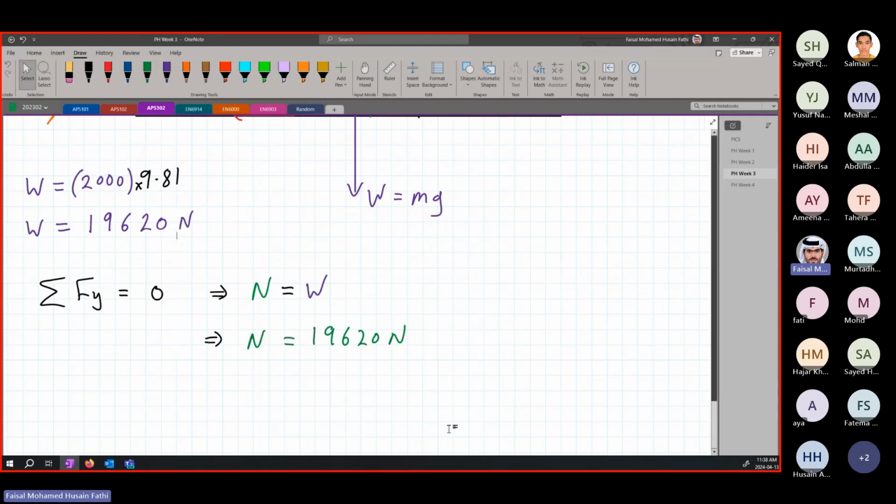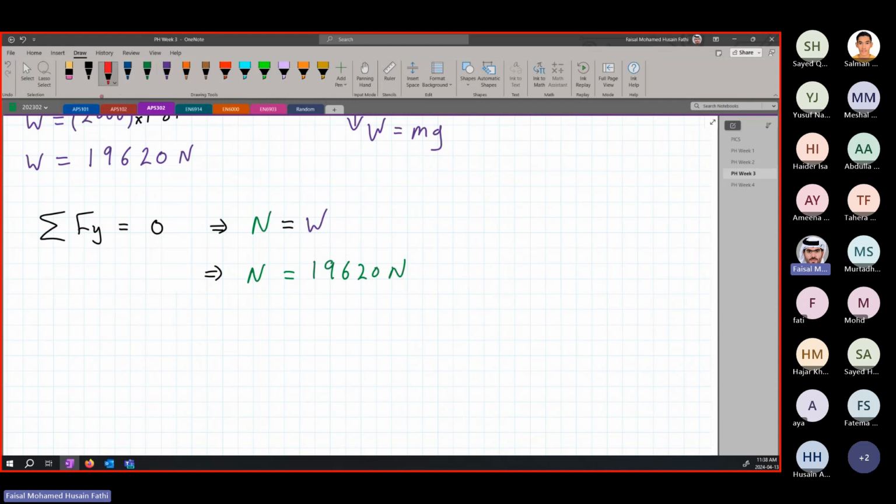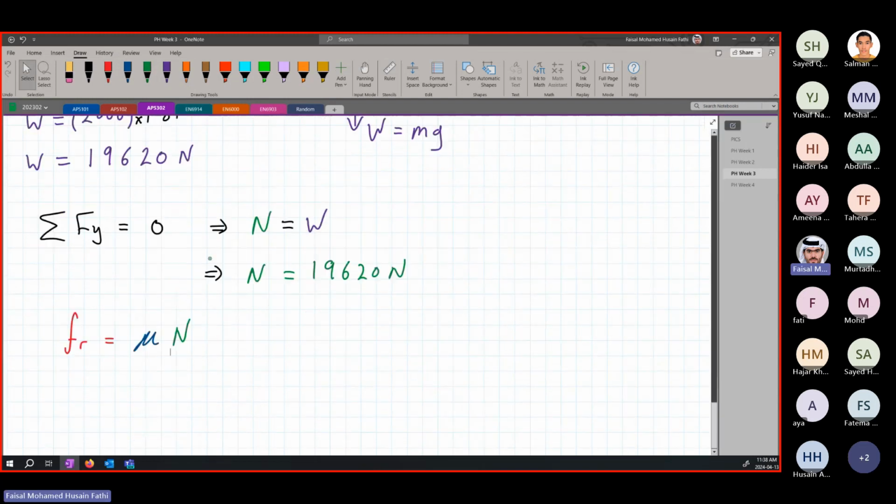So we found our normal force. Now we can find the friction force. Friction force Fr is equal to mu times the normal force. So mu is 0.35.